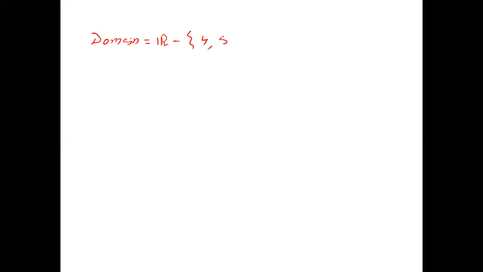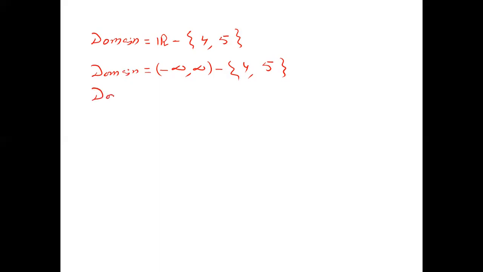Real numbers we can write in round bracket as minus infinity to infinity, minus 4 and 5. So write here the domain.